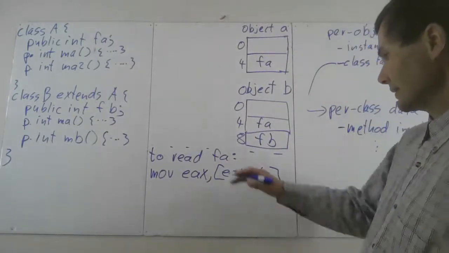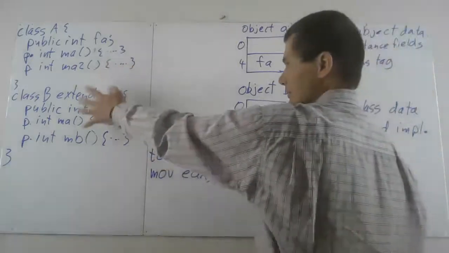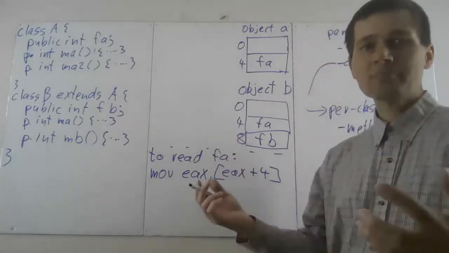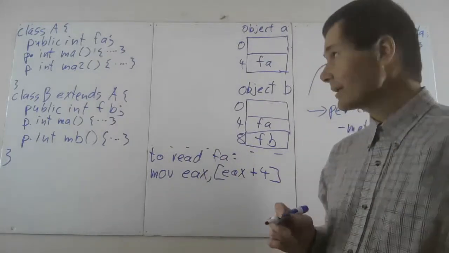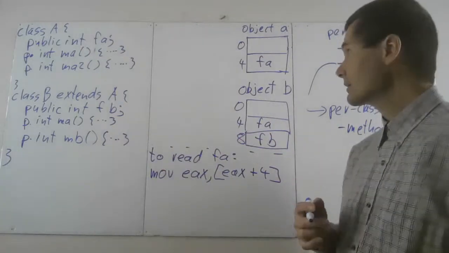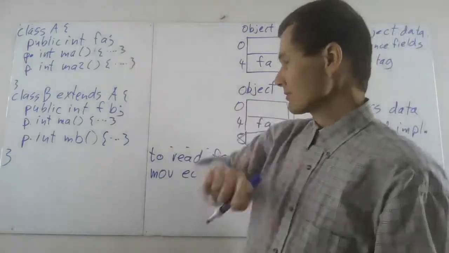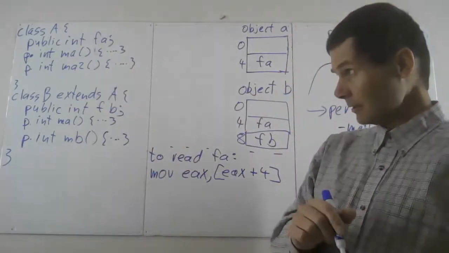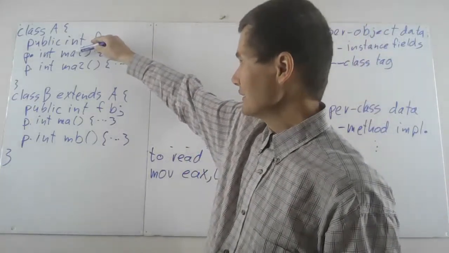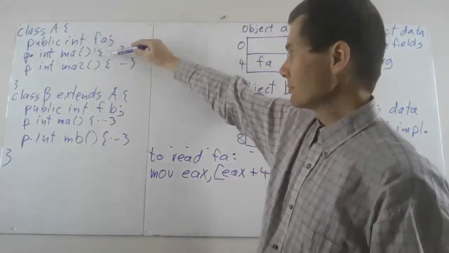And so in the same way that we want to be able to read field FA regardless of whether I have an object of class B or class A, now we want to call the right method. We want to generate code to call a method, not knowing whether at runtime we're going to have an object of class A or an object of class B. If we call method MA and at runtime it's an object of class A, we want this implementation.